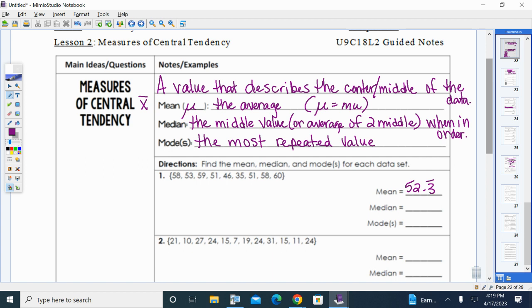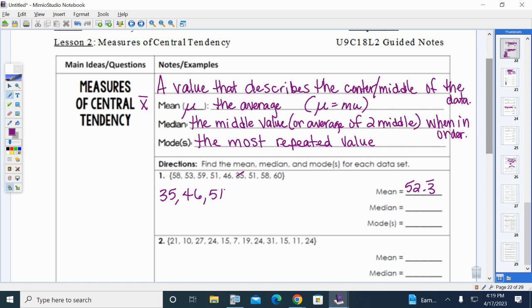Your median, again, is the middle or the average of the two middle when the numbers are listed in order. So we would have to list these in order first. The smallest number is 35. And then would come the 46, 51.